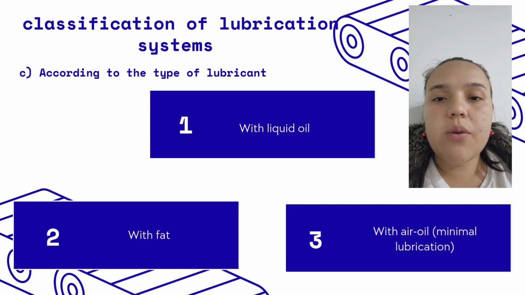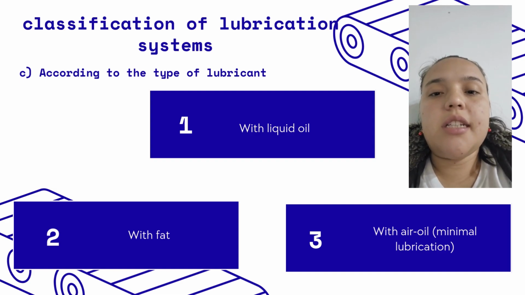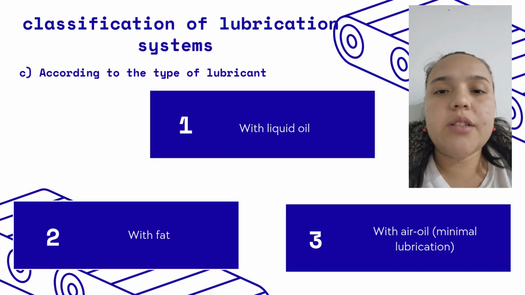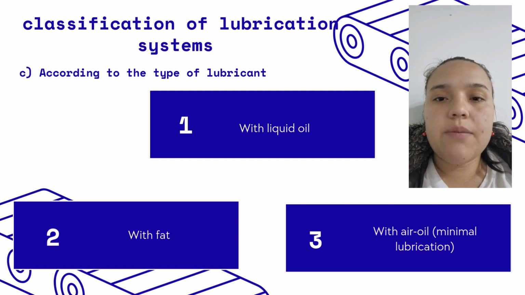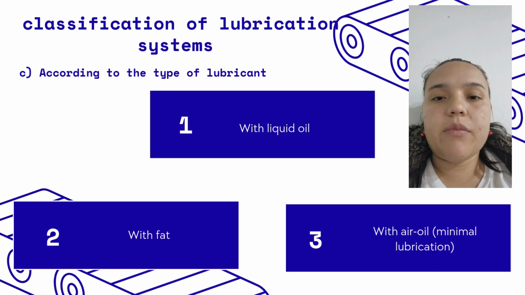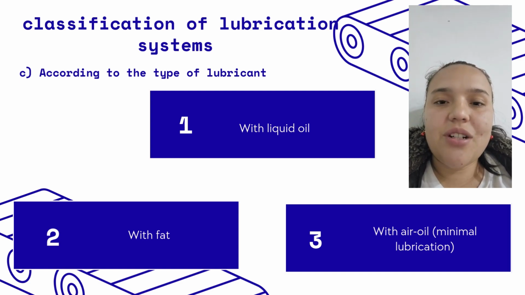The second is grease. Grease is used in bearings and rollers, parts that do not require continuous circulation. The other type is air-oil, which uses minimum lubrication. It is used in precision mechanical and pneumatic tools.